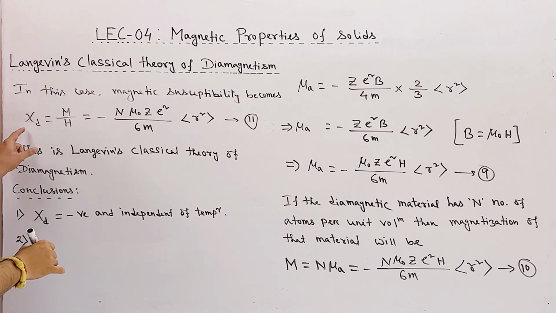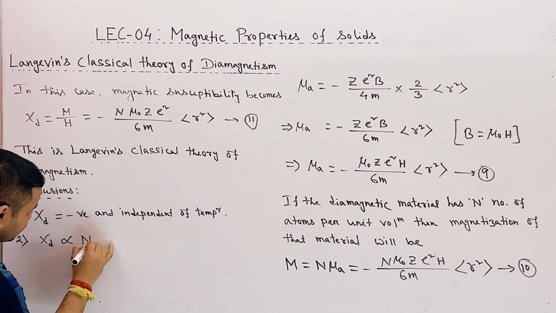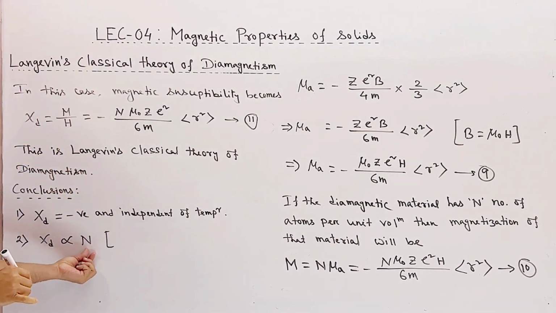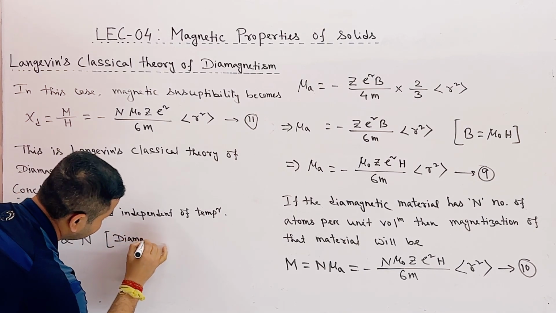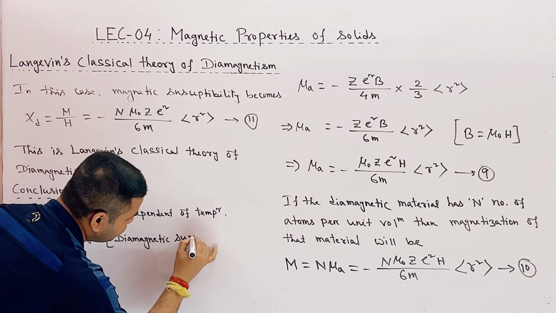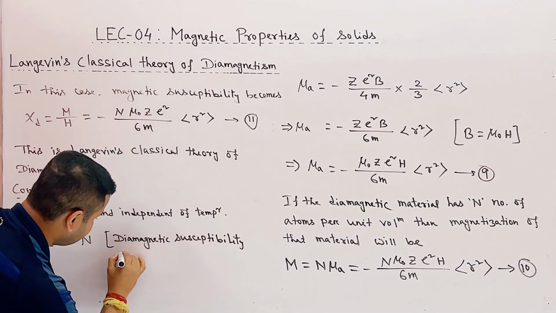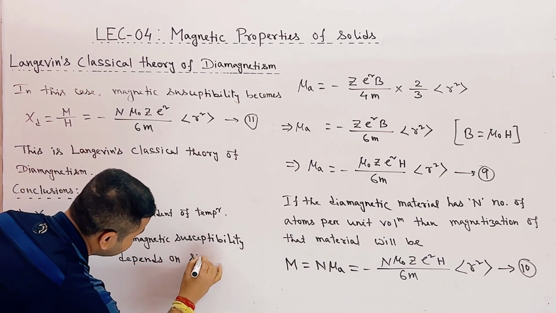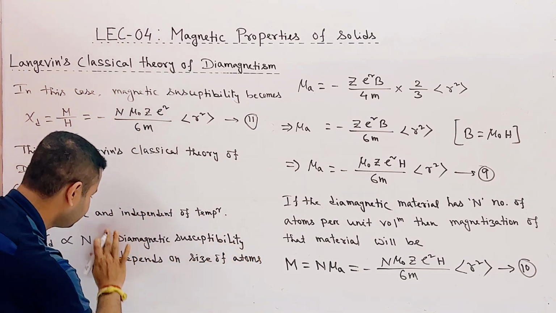Number 2, diamagnetic susceptibility is directly proportional to n. That means diamagnetic susceptibility depends on size of atoms.